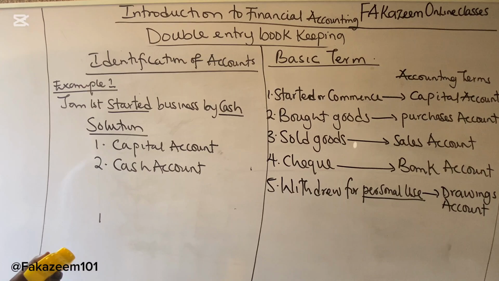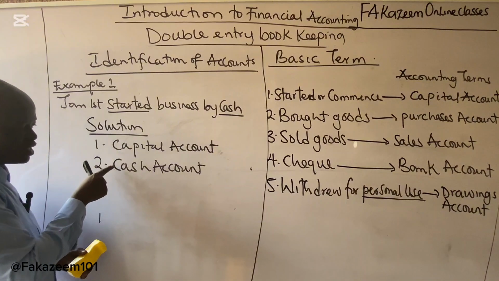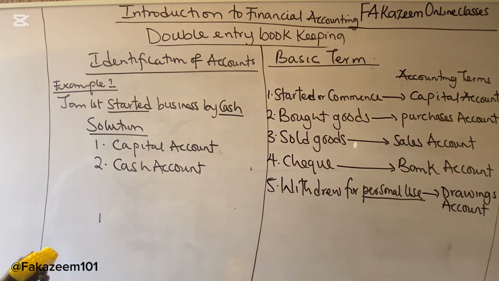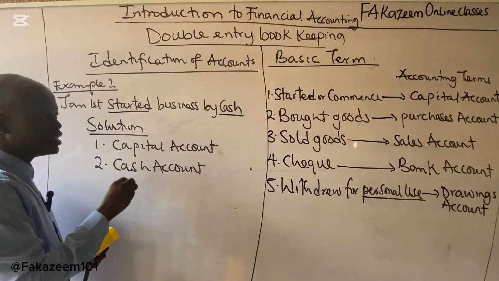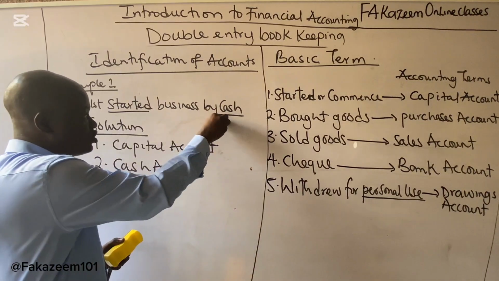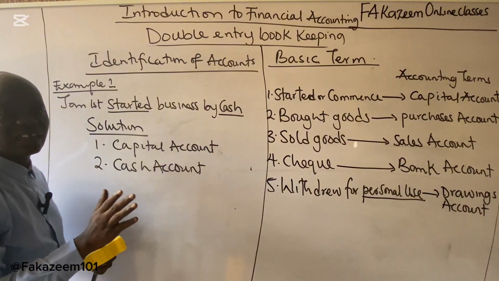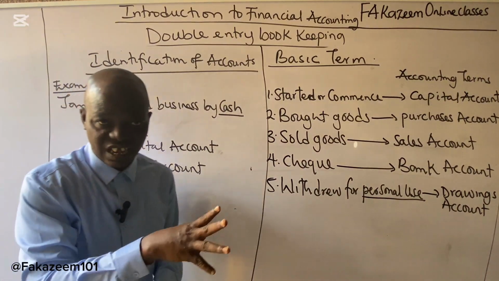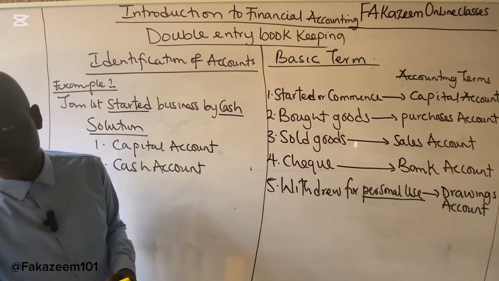The second thing in your mind should be, out of these two accounts, which one is debit and which one is credit? For example, when you start a new business, what it means is this: you are injecting cash into the business. And all accounting records are strictly for the business and not for the owner, by the business entity concept.